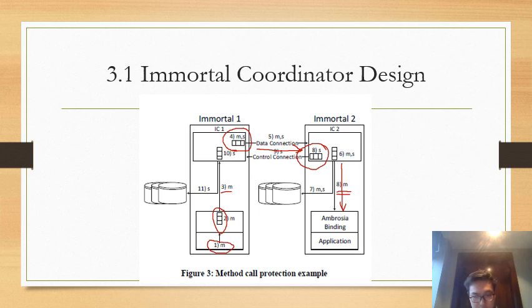This is because if we do not send back this sequence number in Immortal Coordinator 1, it will mark the sent message as not being successfully operated, and so it will reserve the buffer page, and the reserved buffer page will increase and increase, and so it will grow infinitely, because it cannot release those buffer pages until it knows that the contents have been successfully sent to another immortal. So we have to send back the sequence number here.